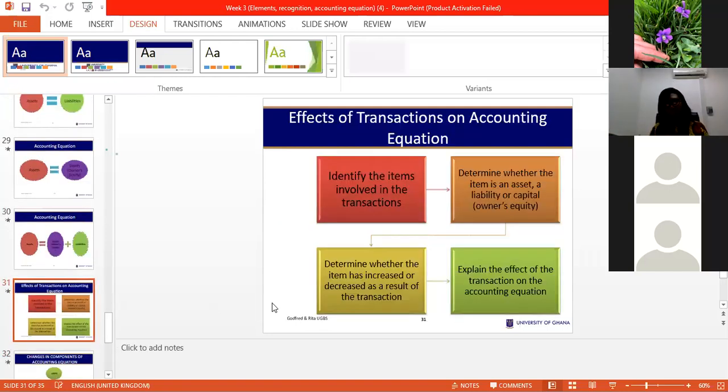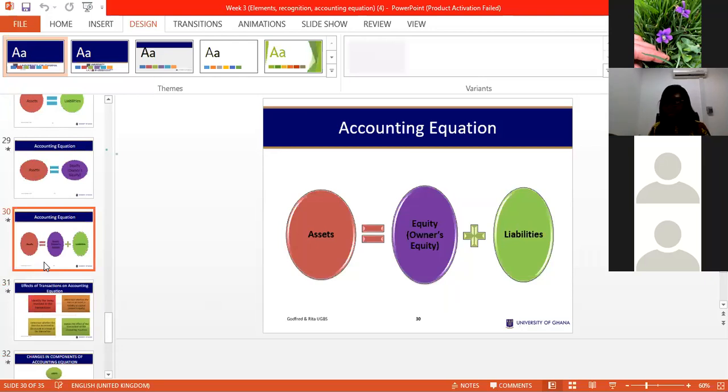Based on that, we are going to start our recording. The first one we want to look at, okay, is the fact that every transaction affects the accounting equation. Now we talked about the increases in income, increasing assets, and the increases in expense, increasing liabilities.